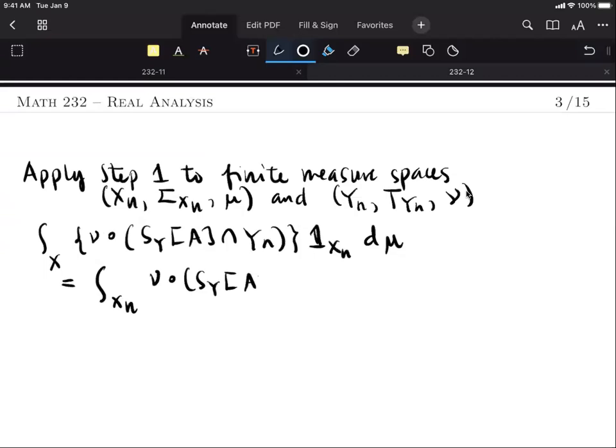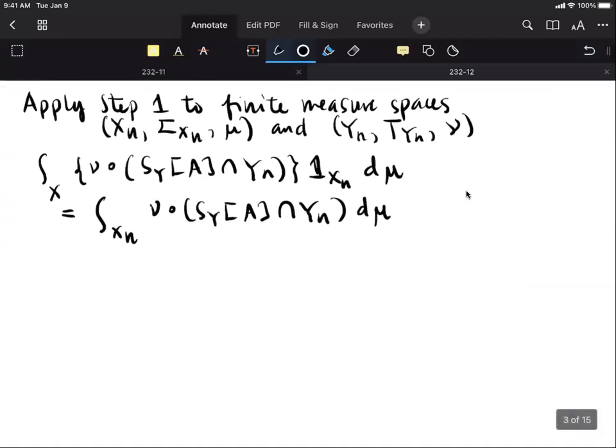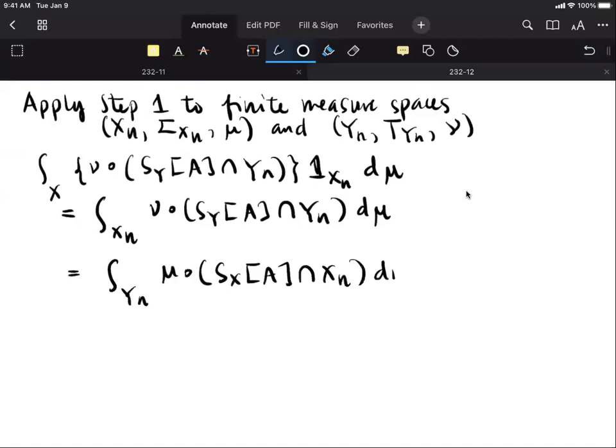of the integral over a subset, and we know that this is the same as the integral over yn of mu of the section intersection xn d nu.